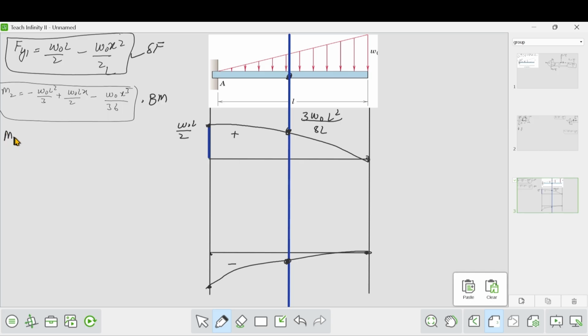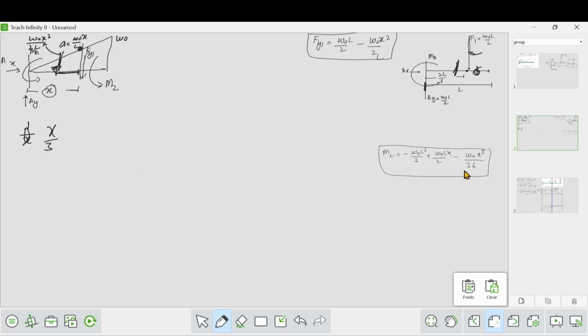Now M2 is equal to negative omega naught L square divided by 2 positive omega naught L into x, which is L divided by 2, the whole divided by 2, positive omega naught x, which is L cube divided by, this is 2 which is 8, 2 2s are 4, 4 2s are 8, divided by 3. What is this value?